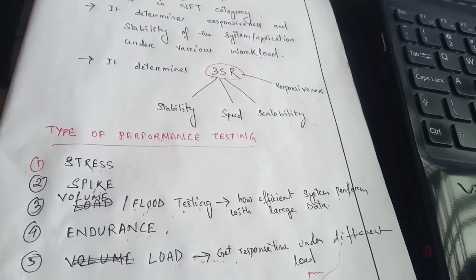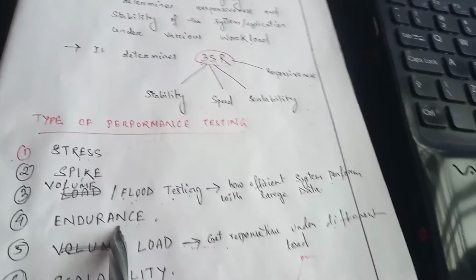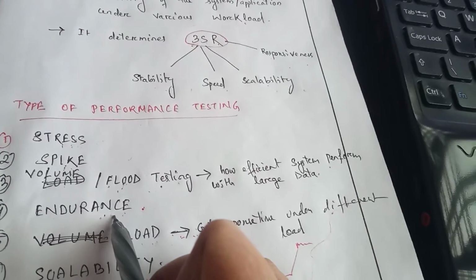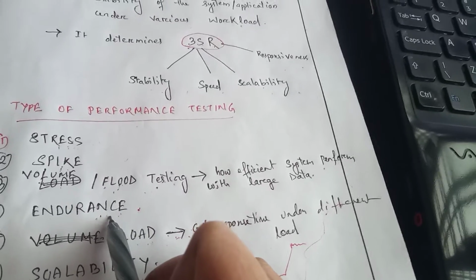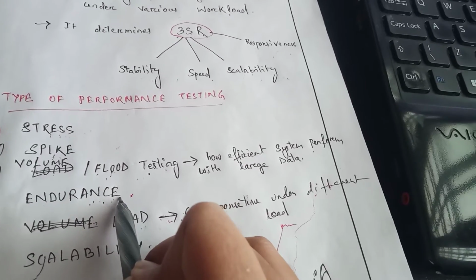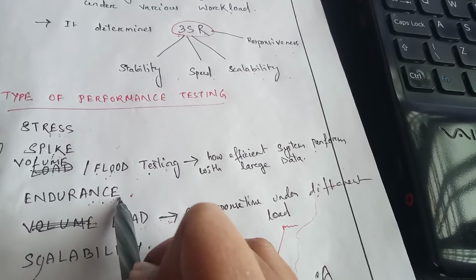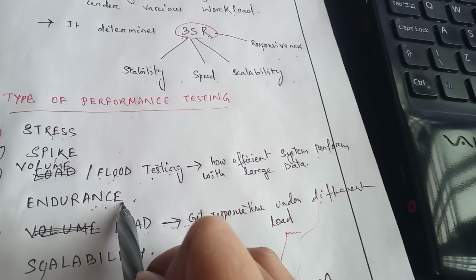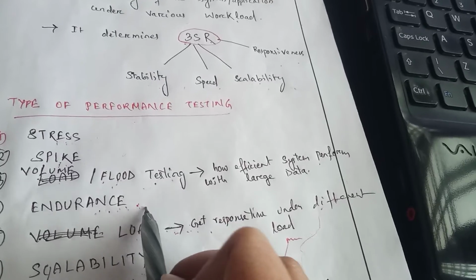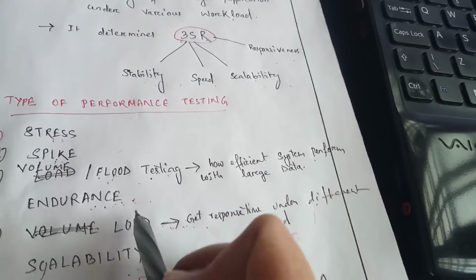Now comes endurance testing. Sometimes we call it longevity testing also. We do this testing for a longer duration with average user load. The main objective of endurance testing is to find memory leaks in the application. What are memory leaks? They occur when the system fails to release discarded memory.